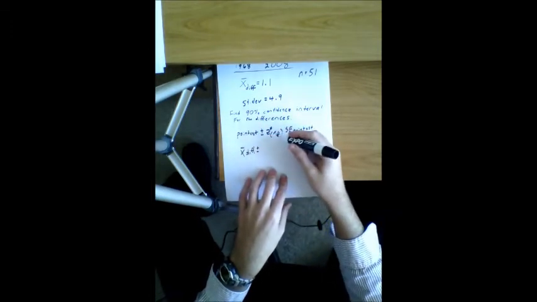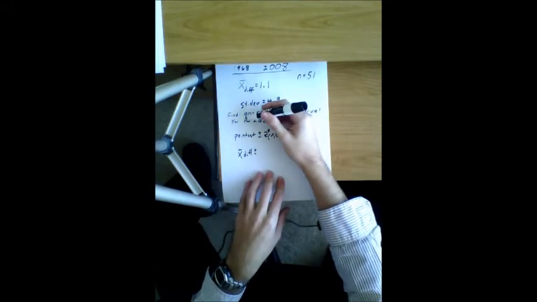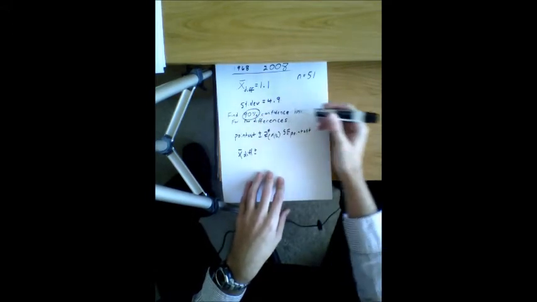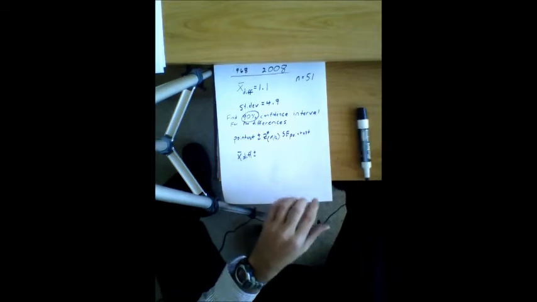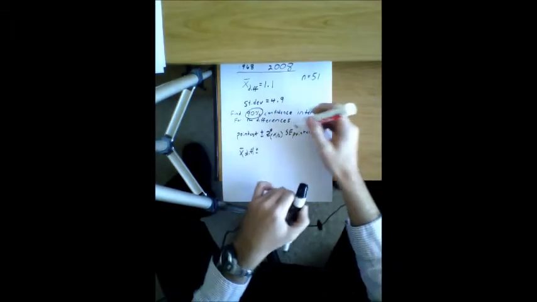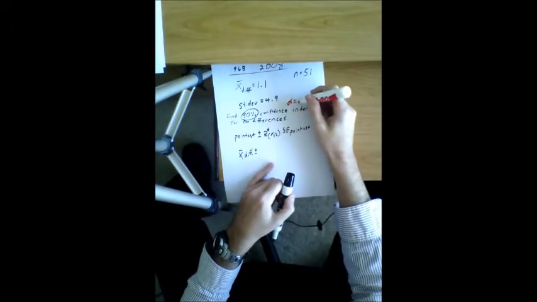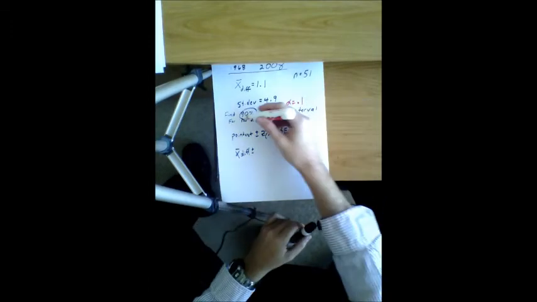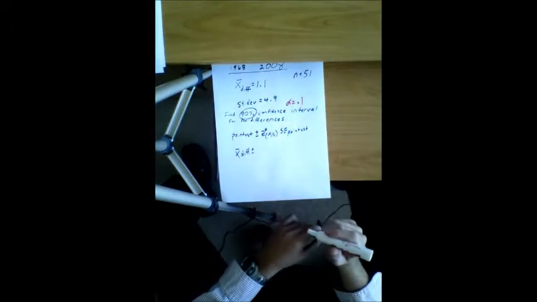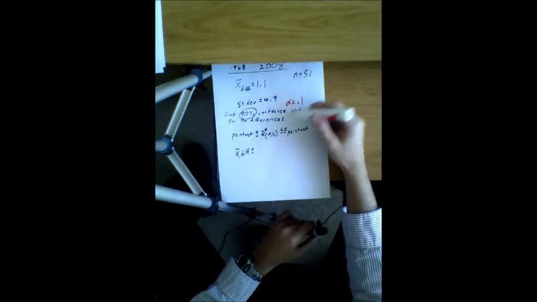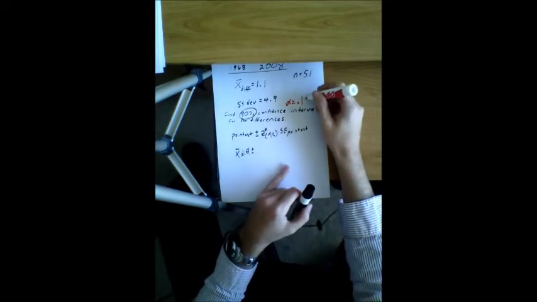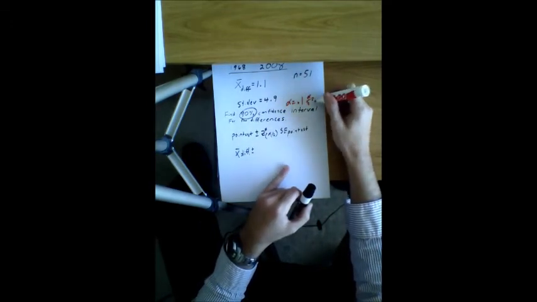For our z star of alpha over 2, using this 90% confidence interval, what we're really saying is our alpha is 0.1 because it's 1 minus 0.9. So you could use 0.1 divided by 2. Alpha over 2 is going to be 0.05.